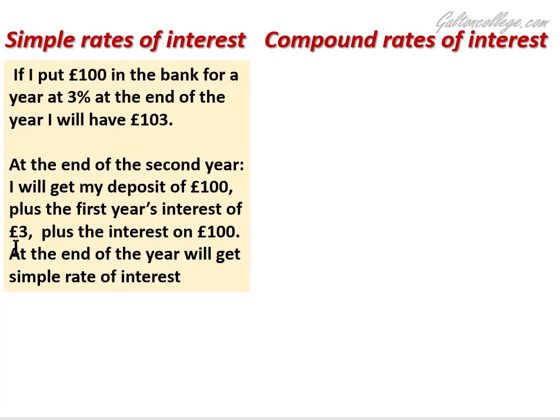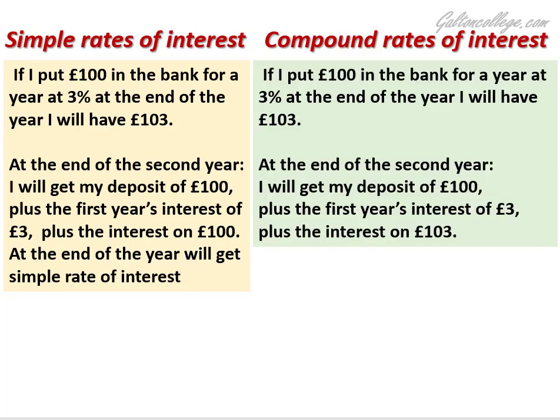Now let's introduce this idea of compound rate of interest, and let's start by looking at the simple rate of interest. So if I put £100 in the bank for a year at 3%, at the end of the year I will get £103. At the end of the second year, I will get my deposit of £100 plus the first year's interest of £3 plus the interest on £100. The compound is more difficult, but much more realistic. If I put £100 in the bank for a year at 3%, at the end of the year I'll get £103.